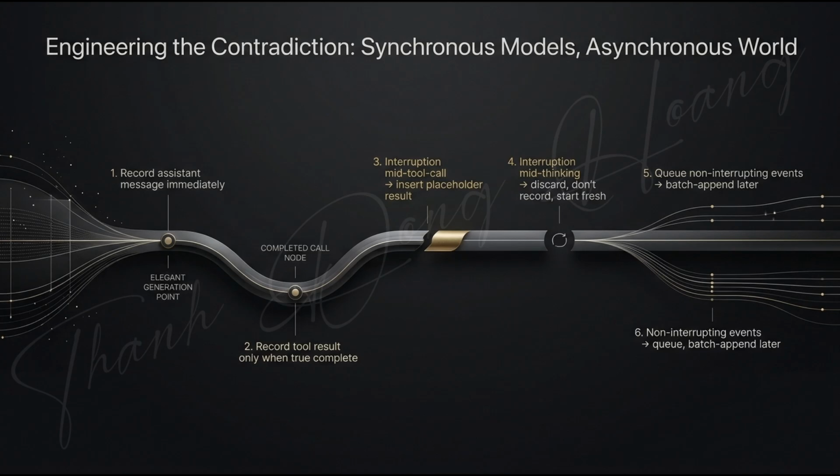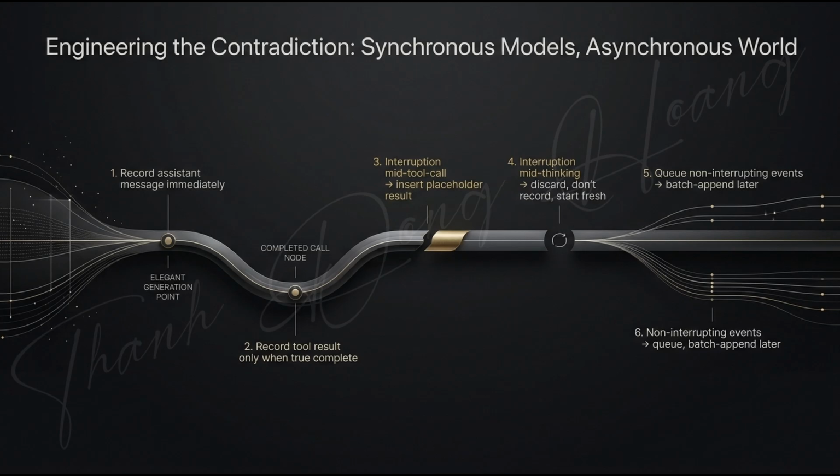Record what the model says or calls the moment it happens. Only record a tool's result once that tool genuinely finishes. If something gets interrupted mid-call, insert a clearly marked placeholder result, rather than leaving things dangling. If something gets interrupted mid-thought, just discard that unfinished reasoning entirely and start over cleanly.